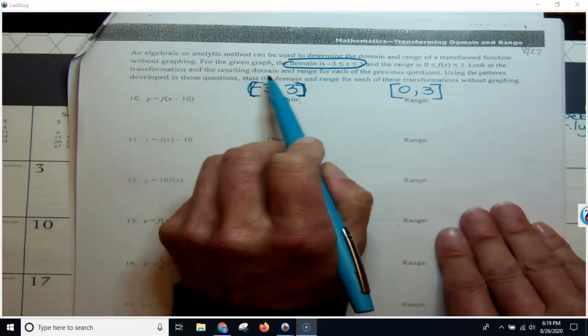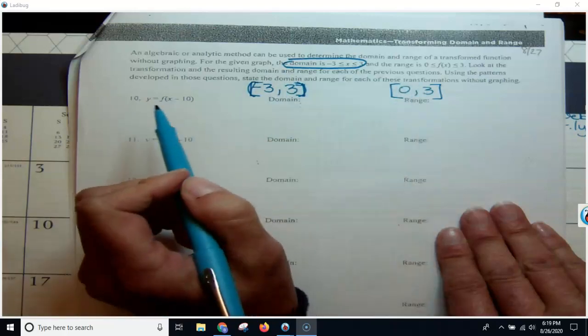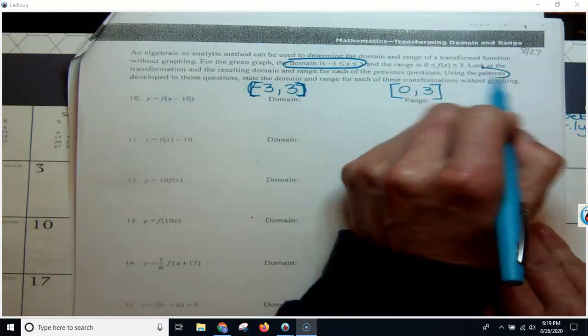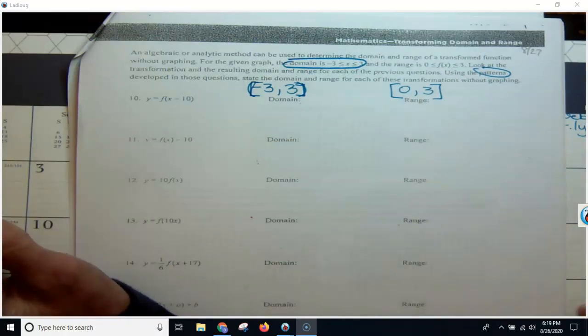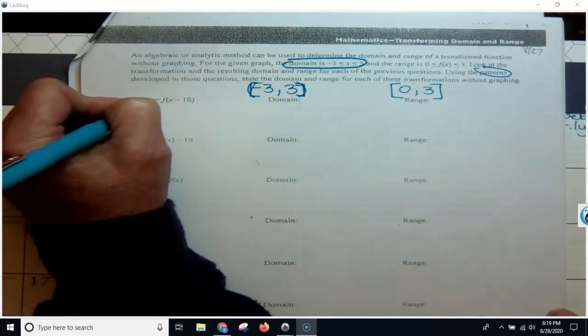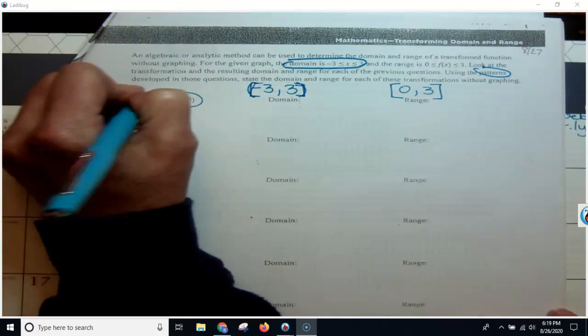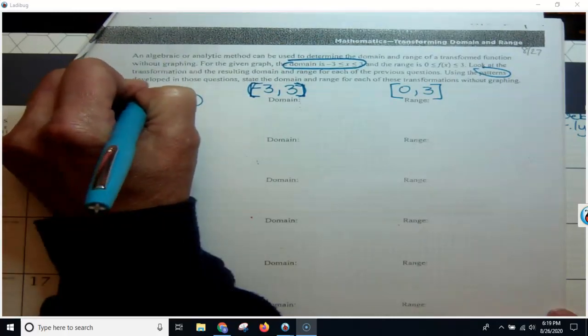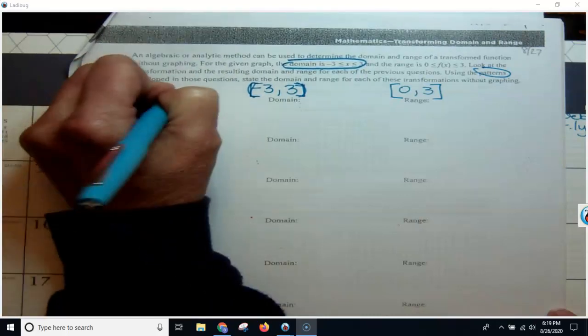Look at the transformation and the resulting domain and range for each of the previous questions using the patterns. So we're just looking at patterns, and we're going to talk about that. This is so important, and then you're going to have a quiz on this. If we've got a function like this, it's moving right 10 units.